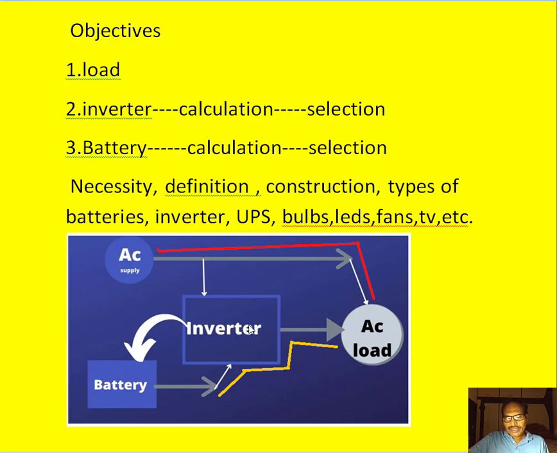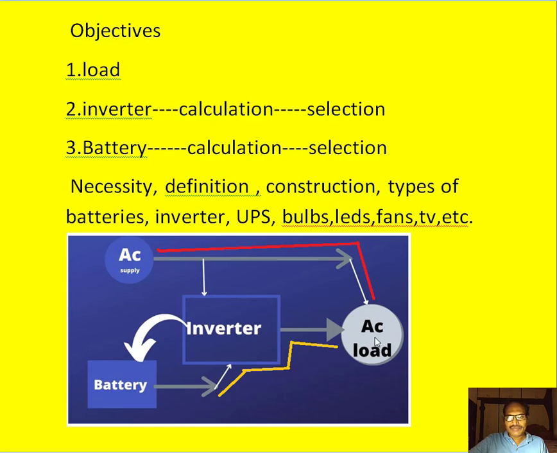Suppose in place of the inverter we place the UPS. It does the same thing, but it gives the AC output in less than 10 milliseconds. With the naked eye we cannot identify at what time the main supply is cut off and at what time the UPS starts giving the AC supply to the AC load.